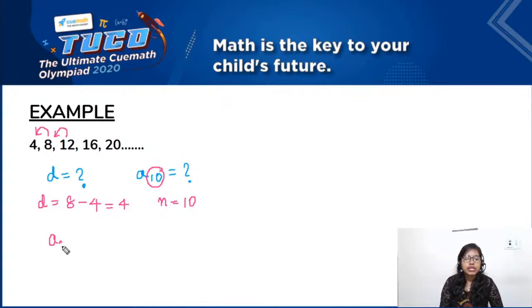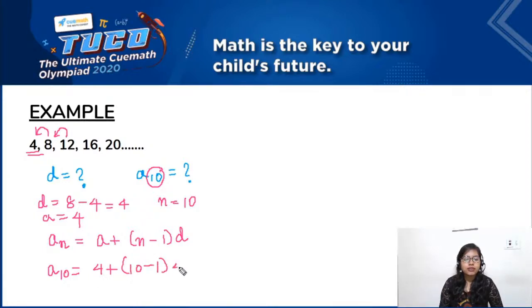I can use the an formula for this, which is a plus n minus 1 d. From here, the value of a is my first term, which is 4. So I can figure out the value of a10 by putting n as 10. So a is 4, plus 10 minus 1 times d, which is 4. This is going to give us 4 plus 9 times 4.